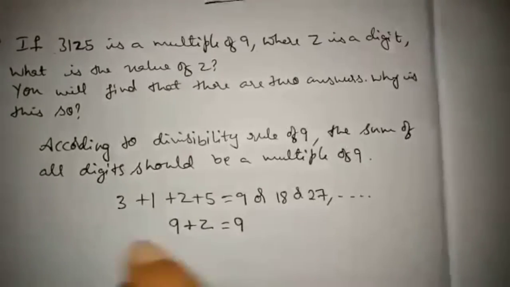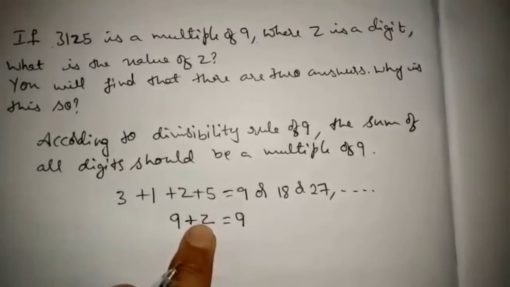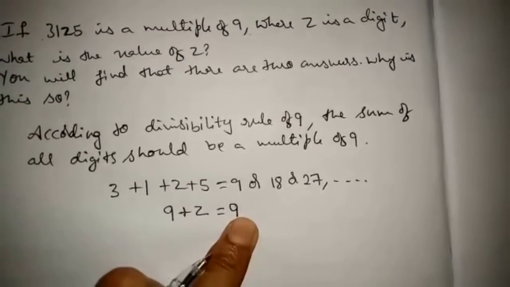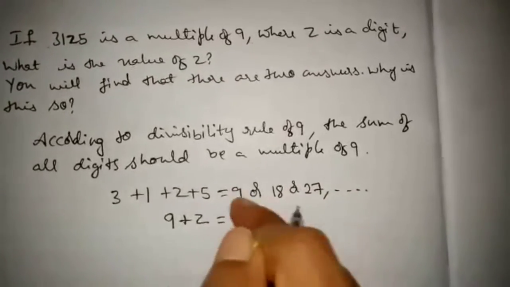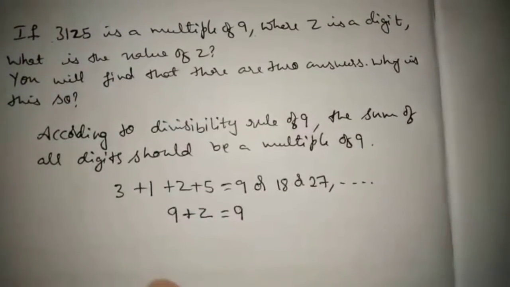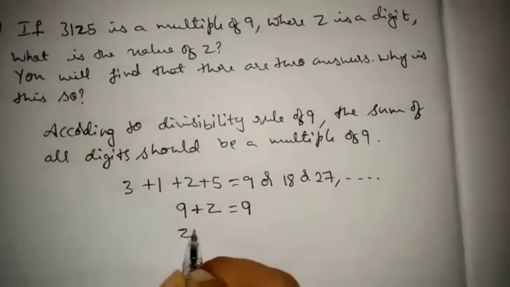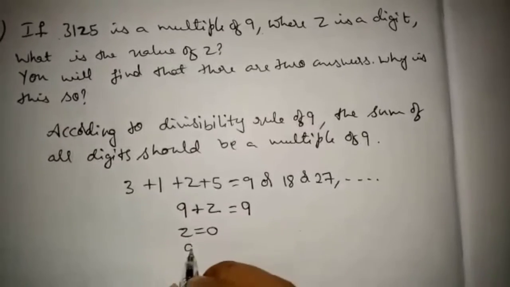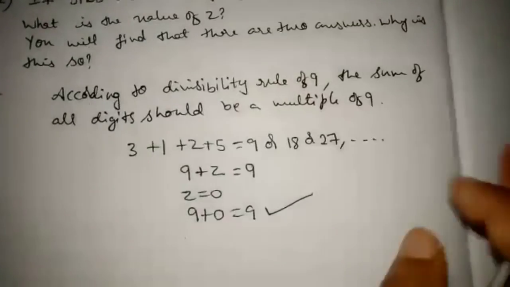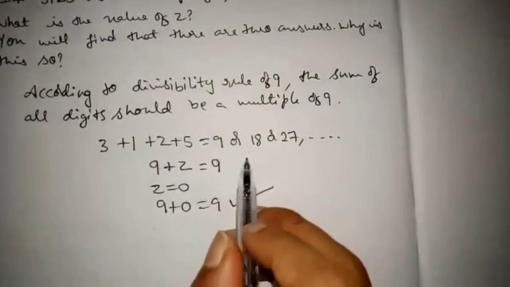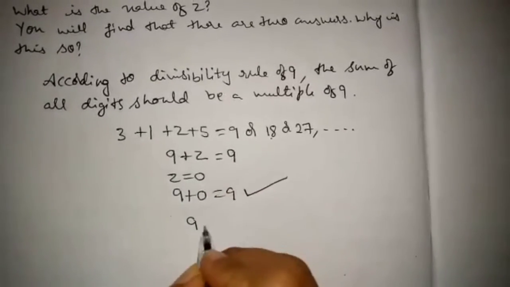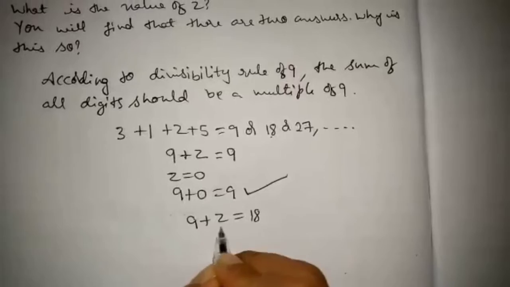If you want 9, you can take this z as 0, right? If you take z as 0, you will get 9 as the answer, which is divisible by 9. So if we take z equals 0 here, that becomes 9 plus 0 equals 9, which is a multiple of 9. And next we'll check for 18. 9 plus 9, right?